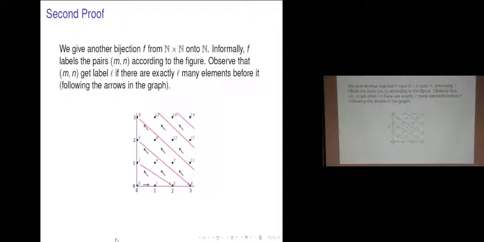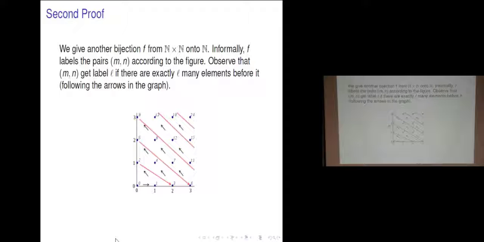Now I want to show you the number of bullet points is the same as the natural numbers on the line. So I want to turn this two-dimensional picture into a very, very long line. Okay? So how do I do it? I start to build my line here from the corner.